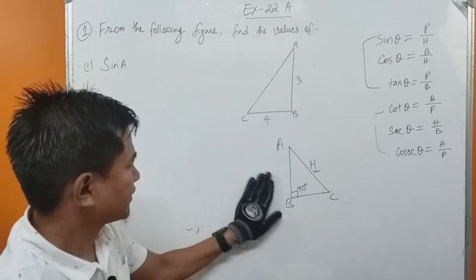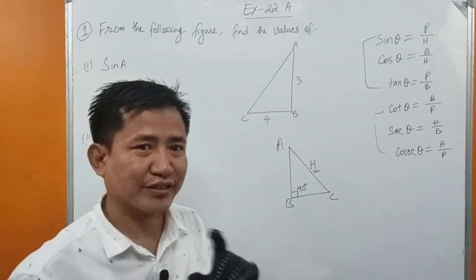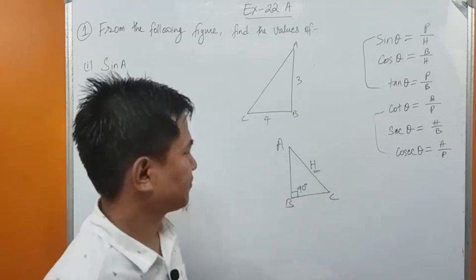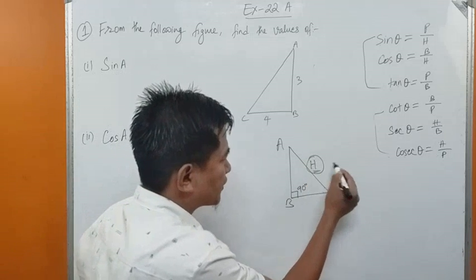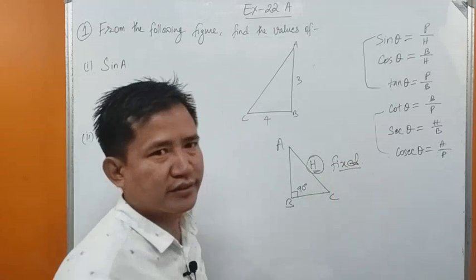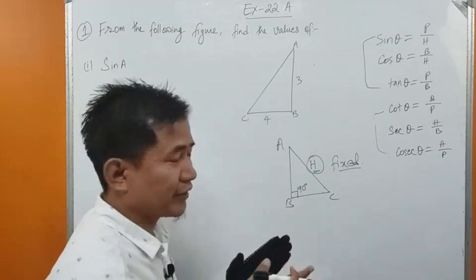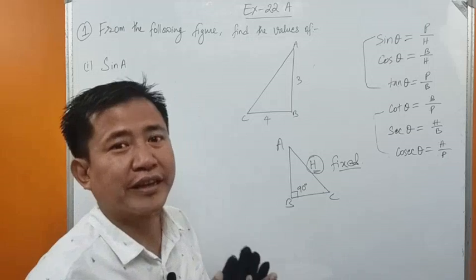Now let us understand perpendicular and base. Okay, perpendicular and base interchanges with each other. Hypotenuse always remains fixed because it is the longest side, but perpendicular and base changes with the angle which we are talking about.